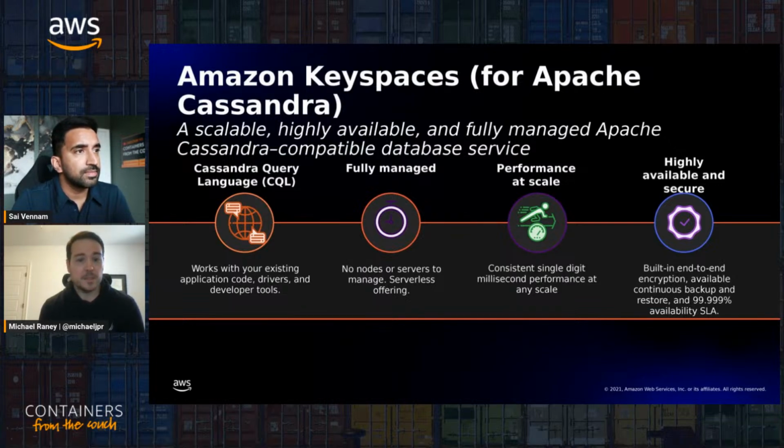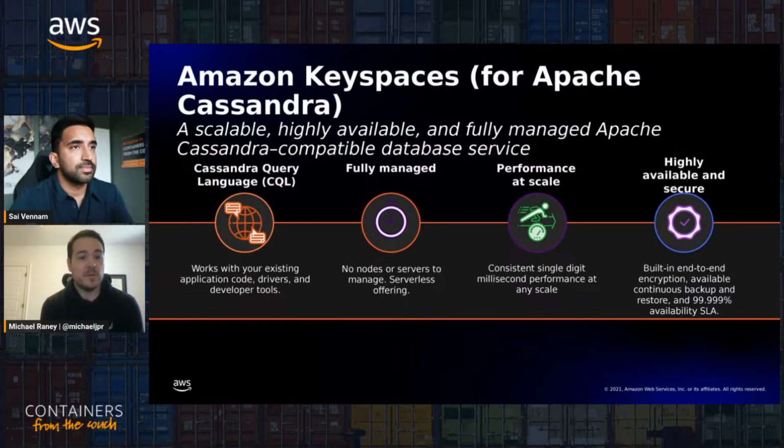So Keyspaces is serverless. We don't essentially have a number of nodes or configurations that you need to look at. We use things like write units and read units, and we're able to scale that to millions of operations per second, whatever your application needs.